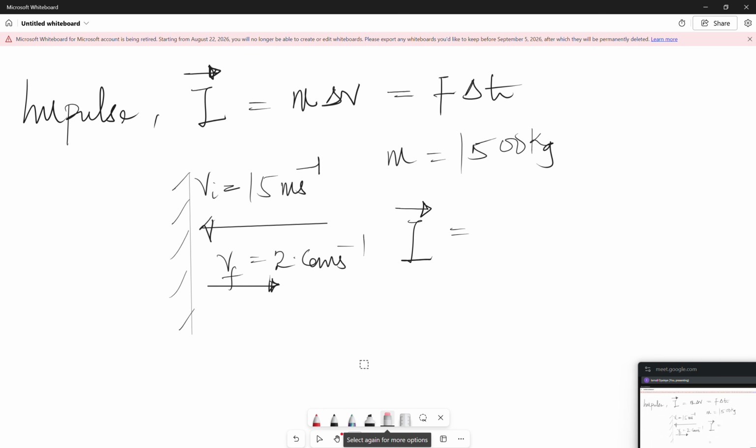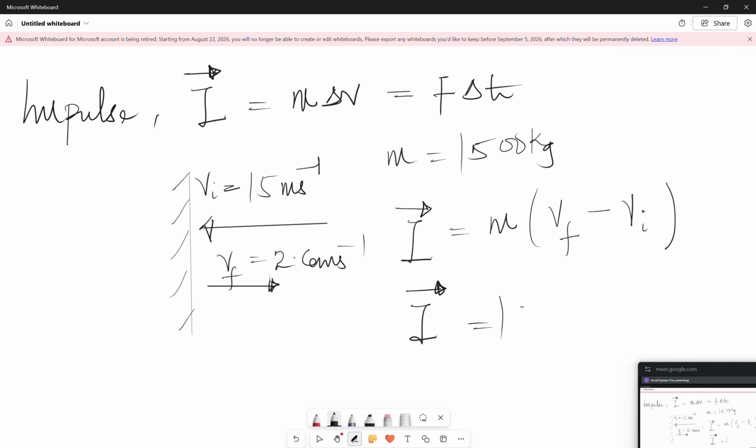Remember, the impulse will be equal to the mass into the bracket v final minus v initial. The mass is 1,500. Please take note of the directions. This is moving in the negative x axis and this is moving in the positive x axis.